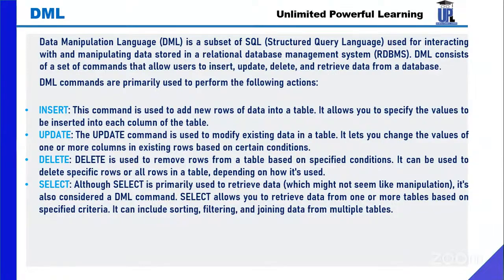In the relational database management system, we have standard commands like insert, update, delete, and select. Insert is used for inserting a record. Modification, we do with update. If I want to remove a record from a table, we use delete. And select, if you want to retrieve and show information based on certain criteria or conditions, we use the select command.